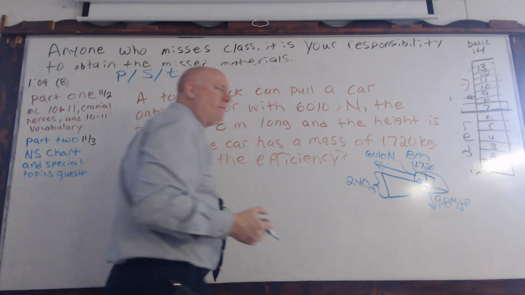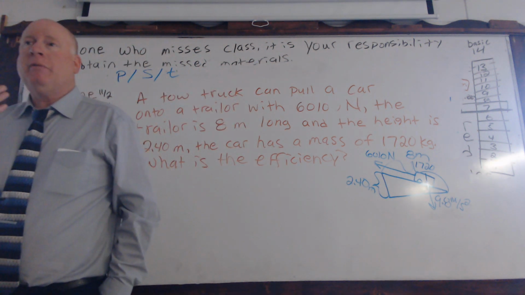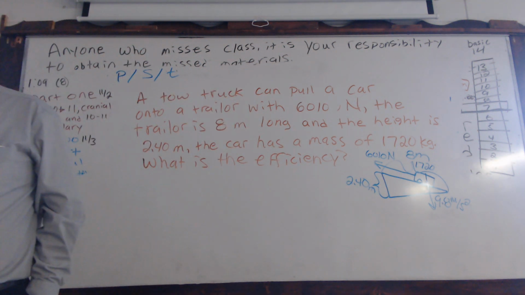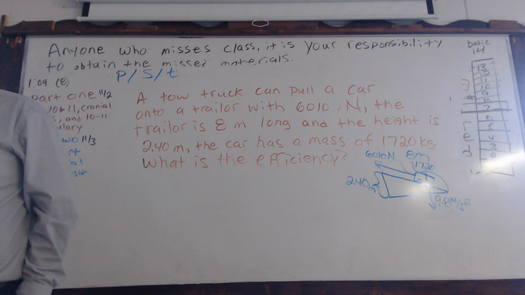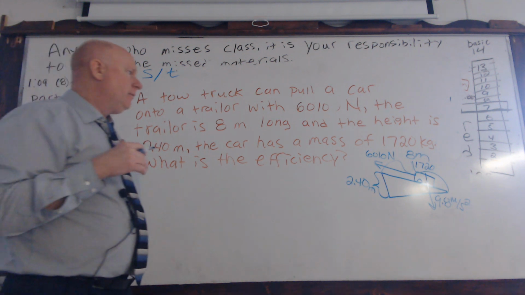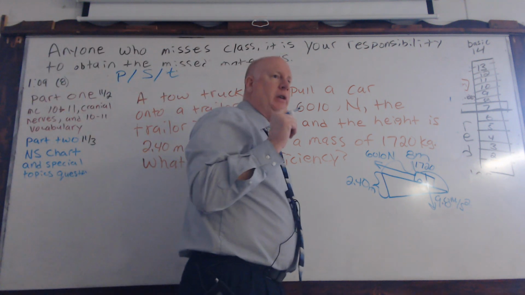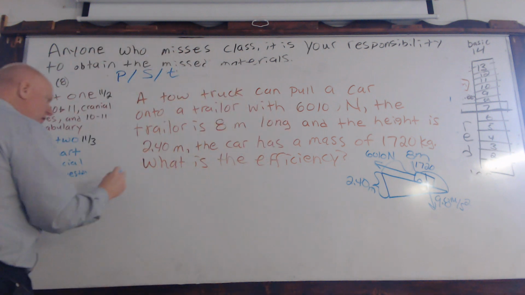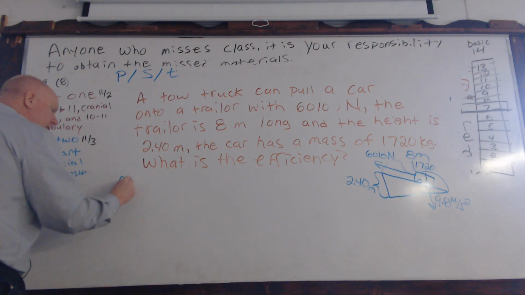If it's measured in newtons, that's telling you something very specific. What would that be? Any force is measured in newtons. Okay, we'll come back to that. So what is your formula for this?